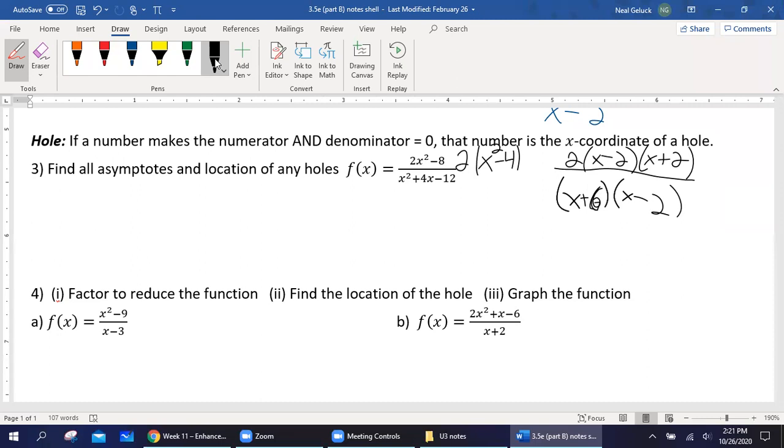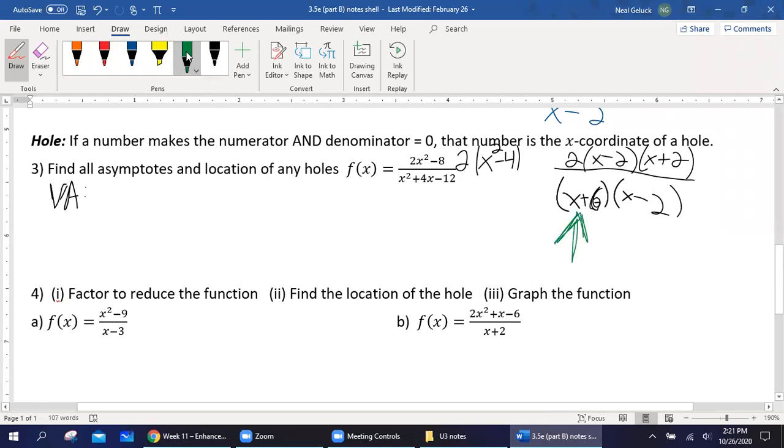So let's go back to our asymptotes. Vertical asymptotes is what I usually look for first. What makes the denominator 0 but not the numerator? The only number that would make the denominator only 0 is -6. So there's a vertical asymptote at x equals -6.